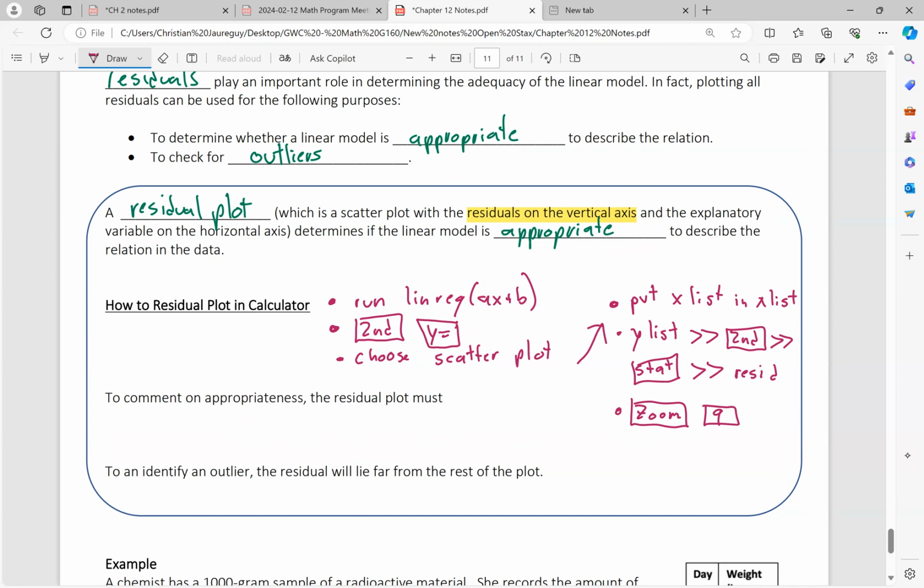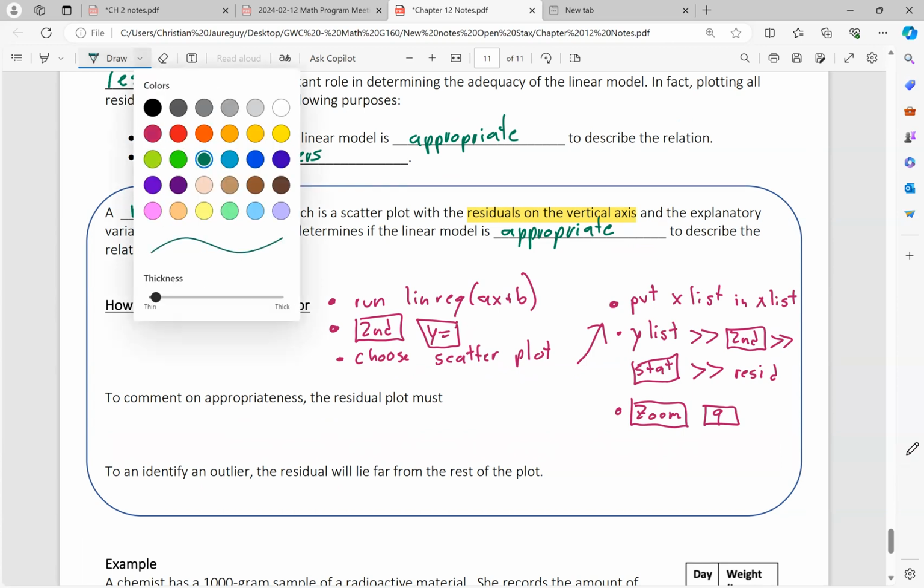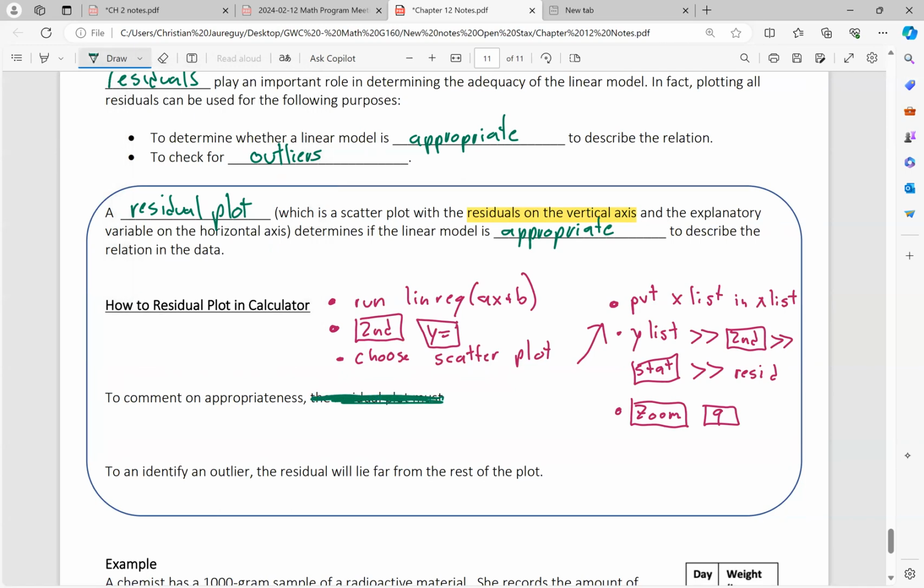So to comment on appropriateness, the residual plot must... This language was a little bit weird in the notes, so ignore that line. Here's what we're going to say. If a pattern is clearly observed, and we want it to be very, very obvious, a linear model is not appropriate.